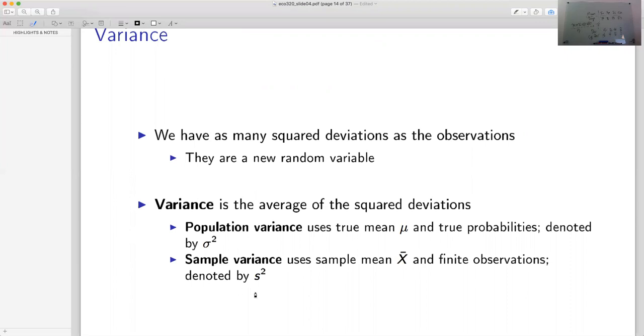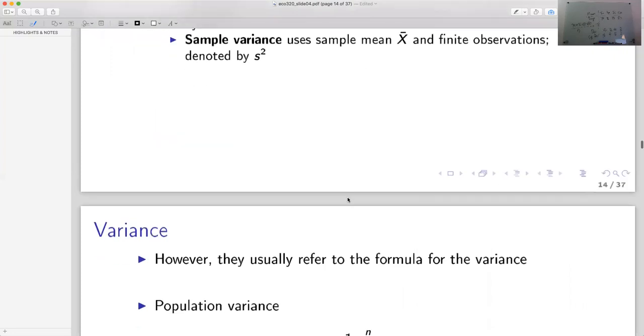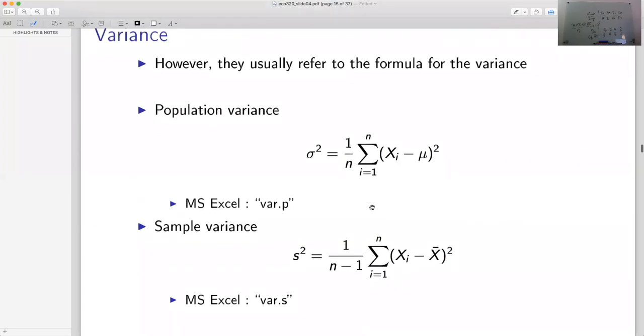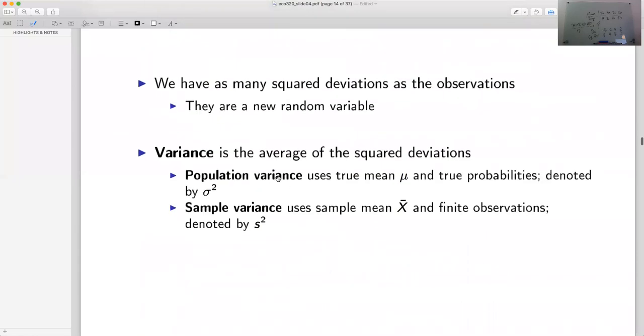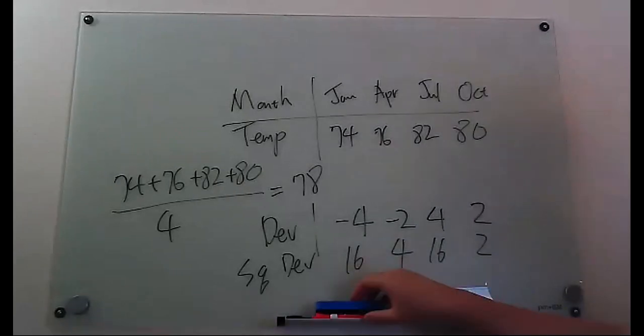So instead, we try to guess those population parameters using samples. Based on a sample, we can get the average and the variance. Those are called the sample mean and sample variance. These are the variance formulas: this is the population, and this is a sample. So the idea is like that.